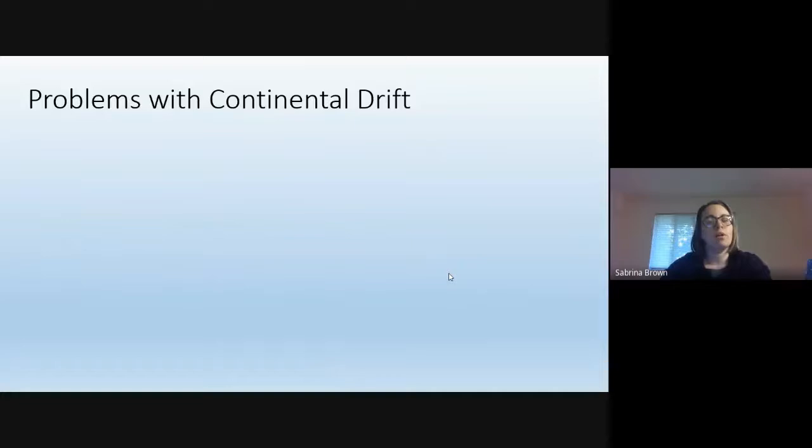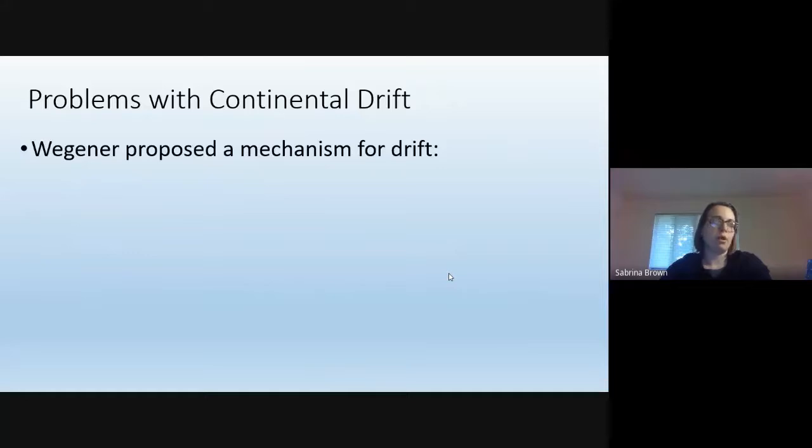So Wegener had quite a bit of evidence for continental drift, but there were some problems with his proposed idea. Specifically, he did propose a way that continents were drifting, right? He had quite a bit of evidence that the continents were moving around based on the way that the rocks and the fossils in those climate zones looked, based on the fact that the shorelines appeared to fit together, like maybe they were one continent in the past.